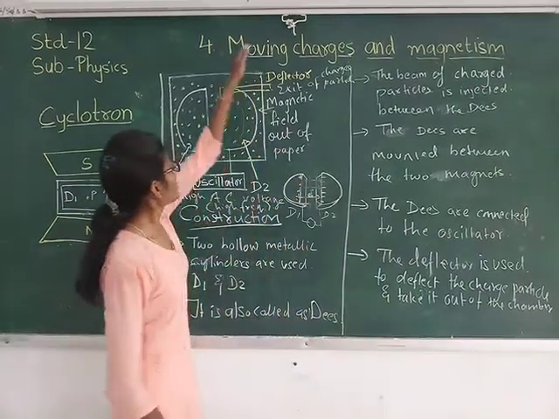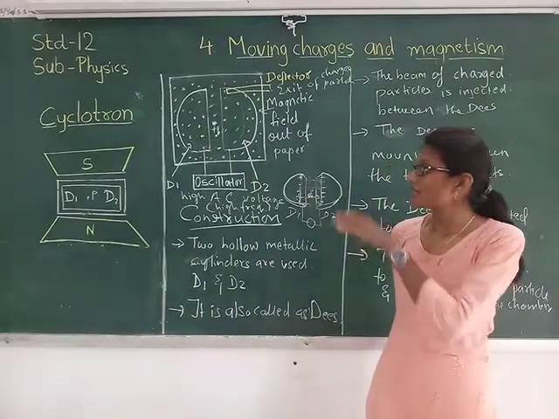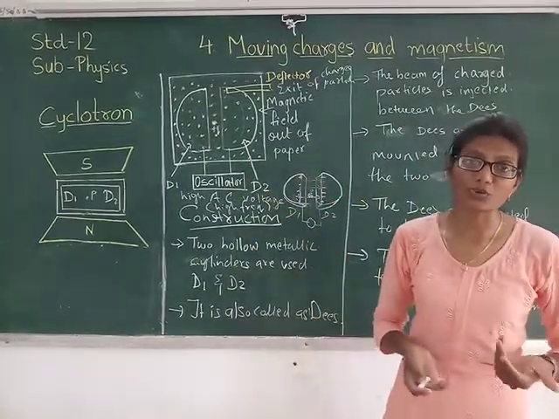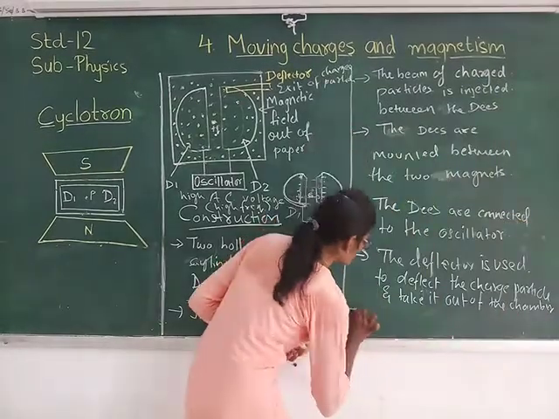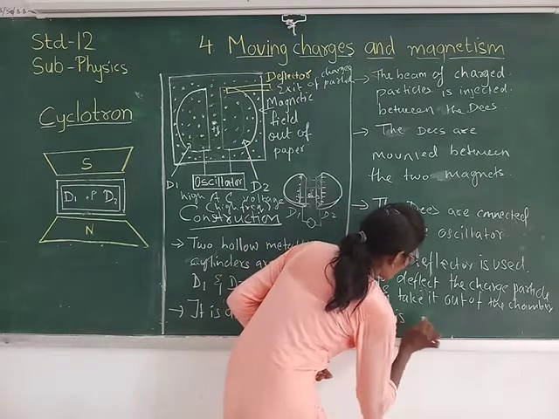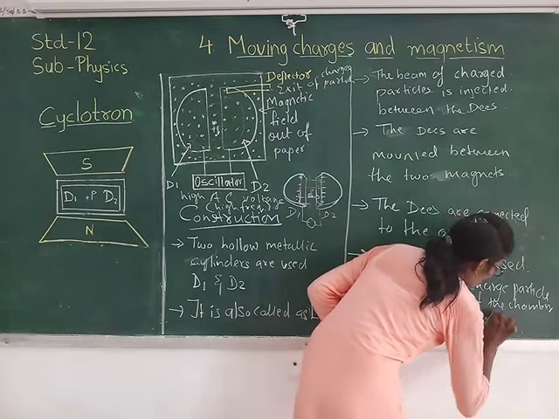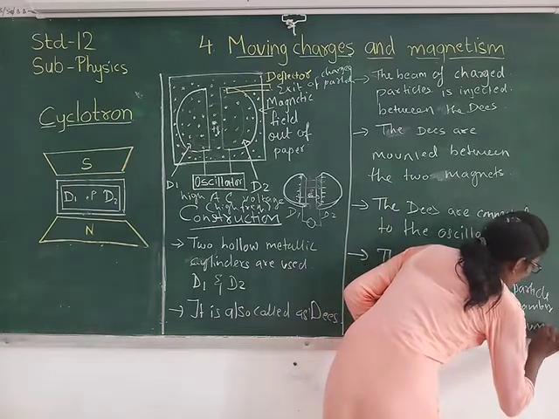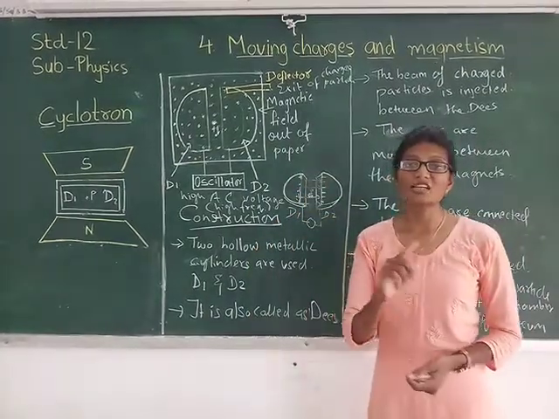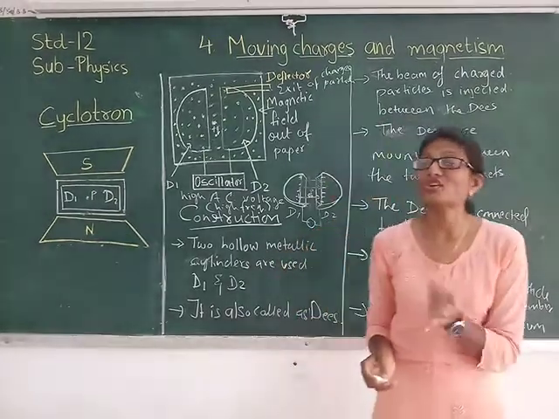Okay. This whole device, that is the cylinders as well as the magnet, the whole thing is mounted in a high vacuum, right? Why is high vacuum used? Because when the charged particle moves inside, it should not collide with any of the other particles.